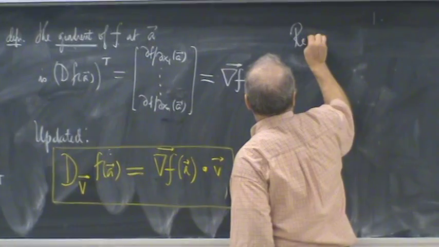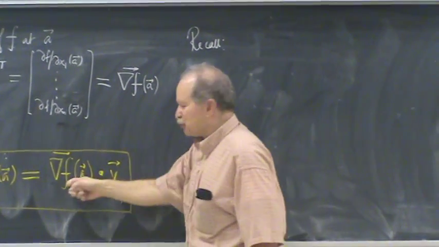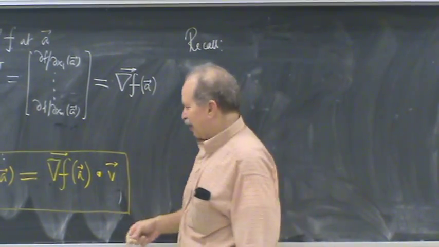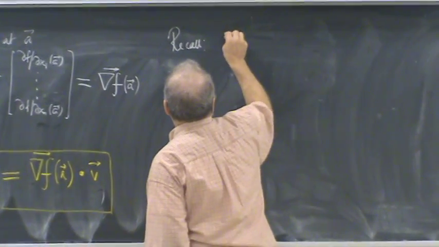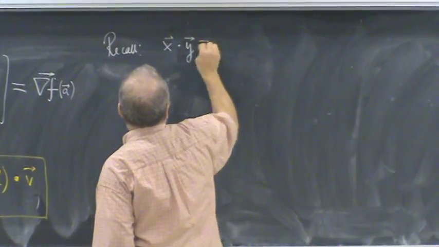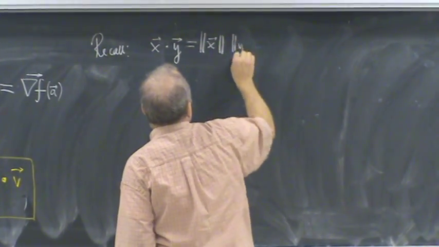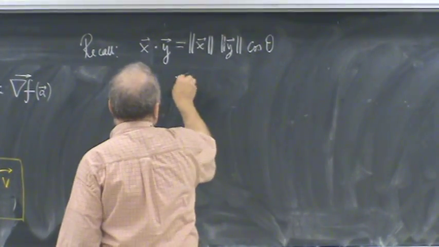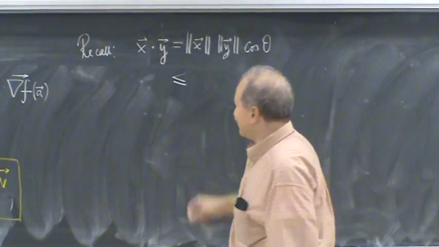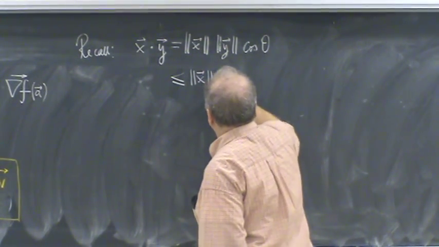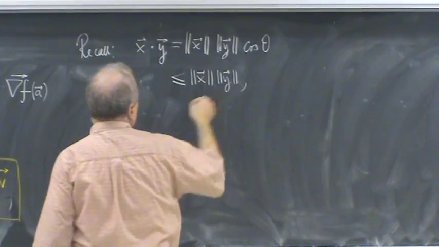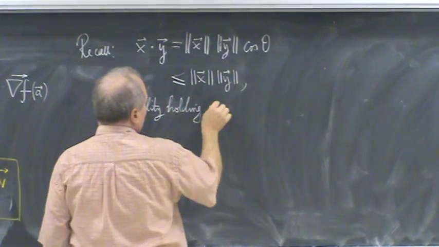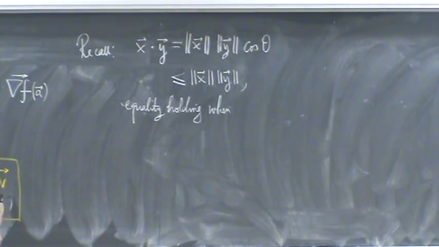So recall, what's the geometric interpretation of the dot product? Recall x dot y is the magnitude of x, times the magnitude of y, times the cosine of the angle between them. And in particular, the biggest it can be is the product of the magnitudes, and equality holds precisely when cosine theta equals 1.